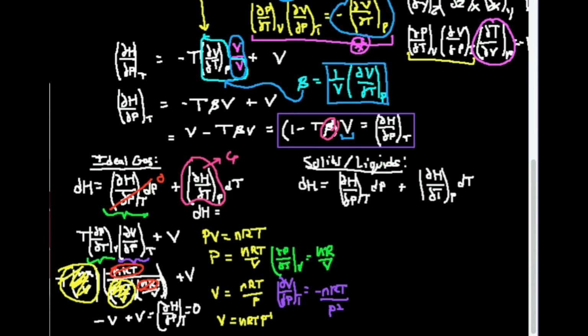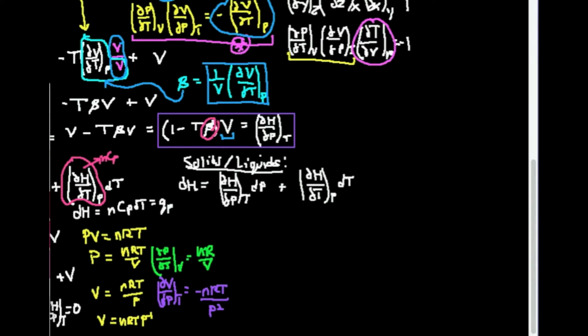Or really and truly, it's actually multiplied by n technically, so it's going to be equal to nCp dT, right? So this is actually the expression for delta H or dH whenever you have constant pressure. It's going to be nCp dT. And consequently, this is also equal to the heat at constant pressure.